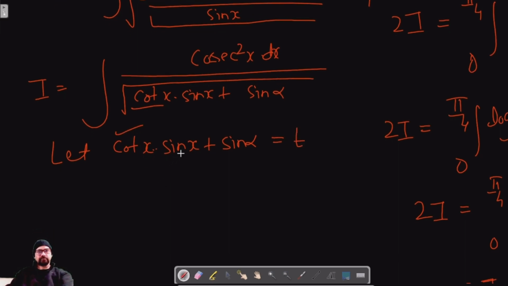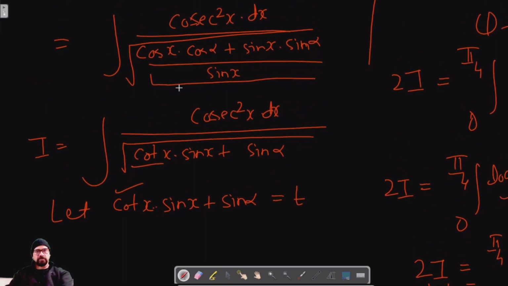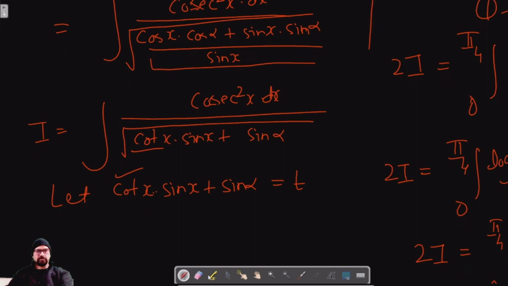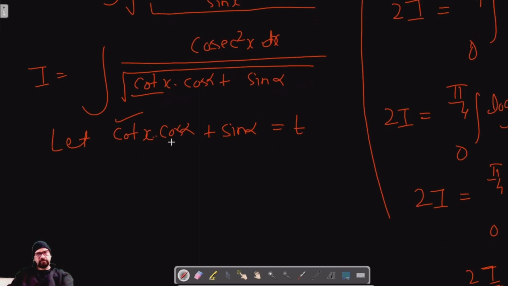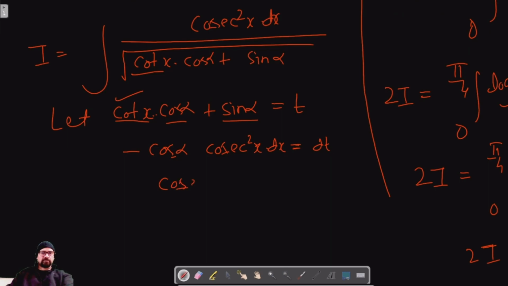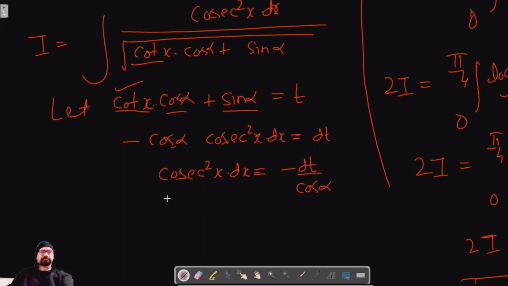Differentiation of cot x, here it should be cos alpha, which is constant, so it's out, and differentiation of cot is negative cosecant squared, so cos alpha times negative cosecant squared dx is equal to dt. Sine alpha is constant, so its differentiation is 0. So cosecant square x into dx is equal to minus dt by cos alpha.